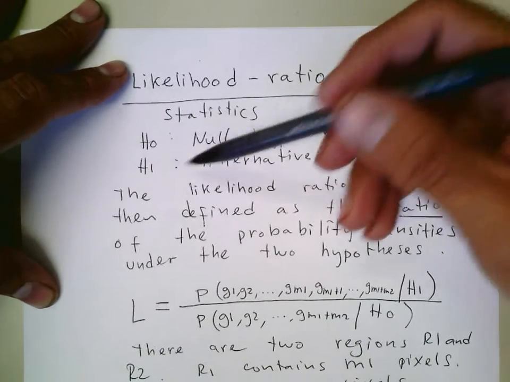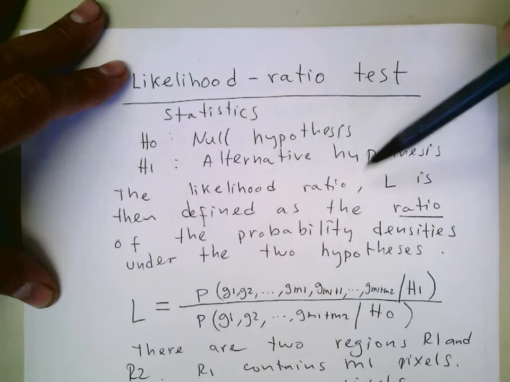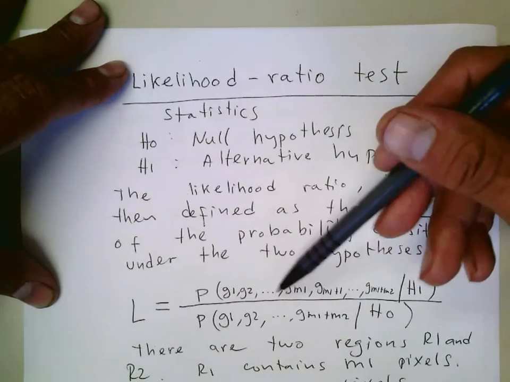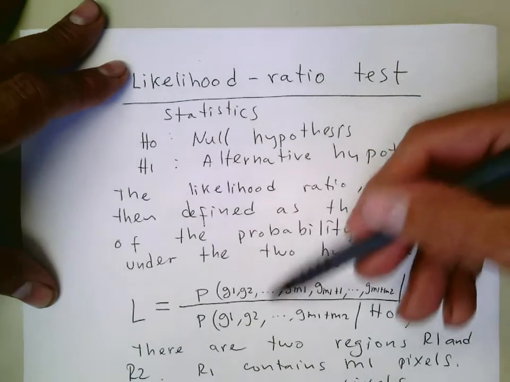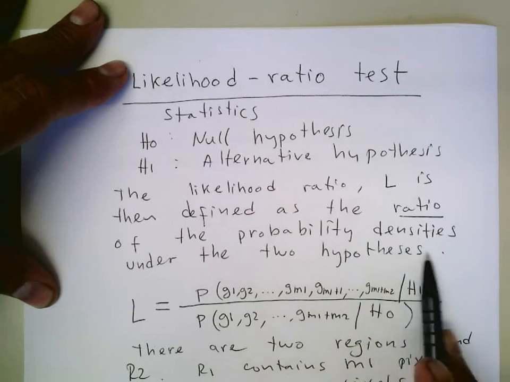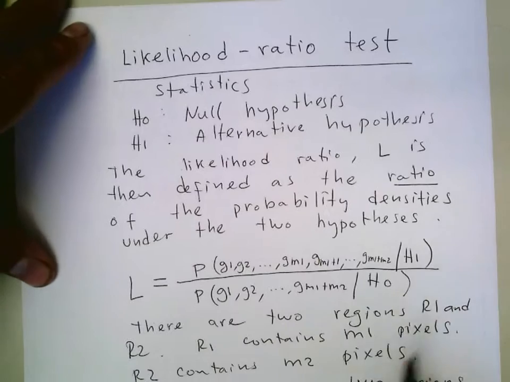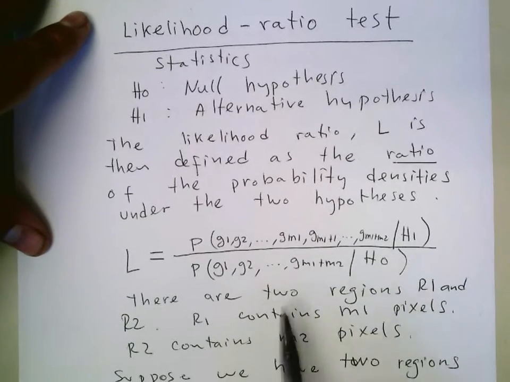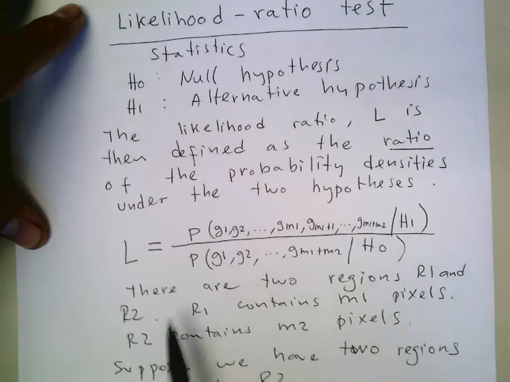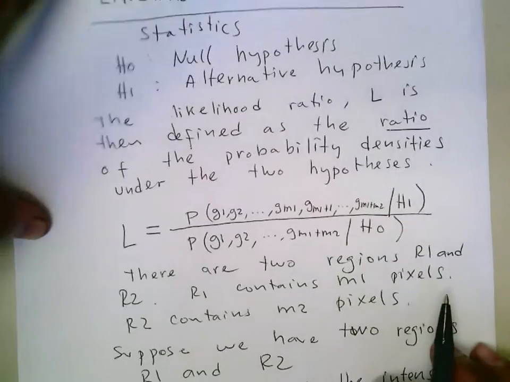So in this case we will use what we're going to call the likelihood ratio test. That is a ratio, that means it's a division between two probabilities, and in this case we're talking about probability densities and the hypotheses. So here we consider that there are two regions, or two images, that we want to compare.